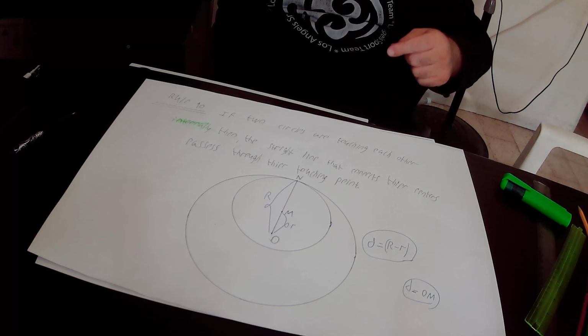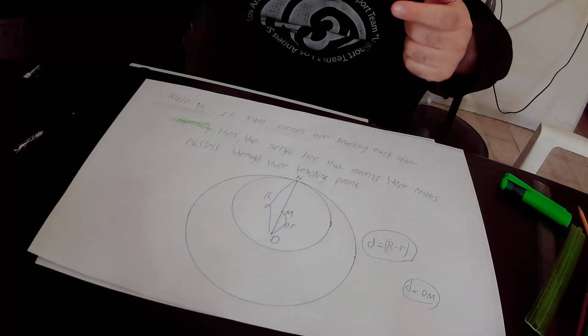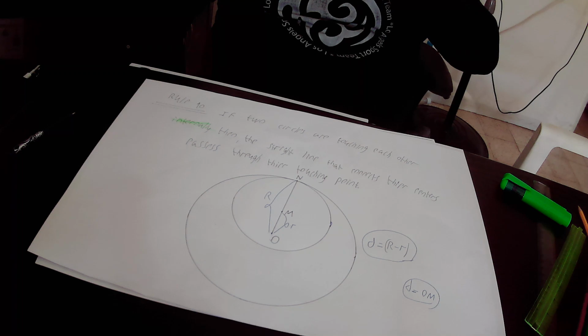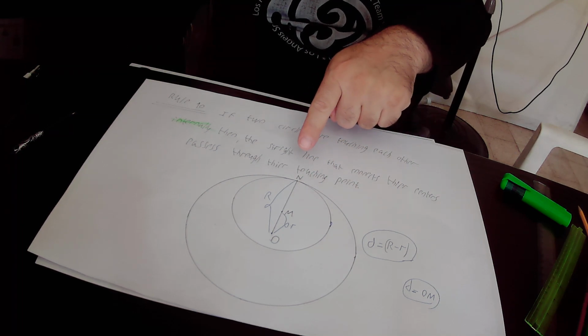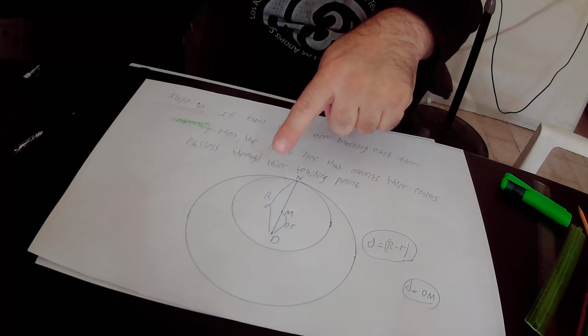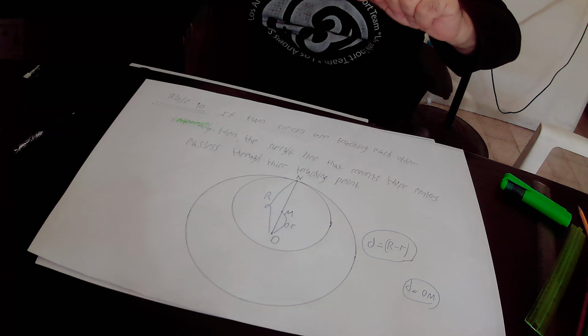And what is the length of OM? That is actually the distance between their centers. The distance between their centers equals capital R, the radius of the big circle, minus small r, the radius of the small circle.